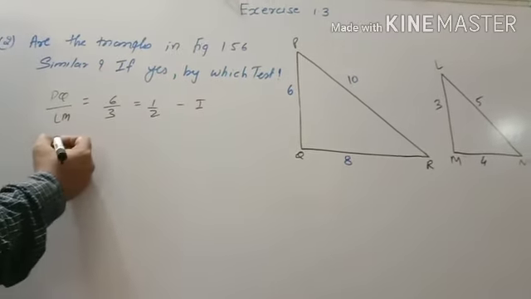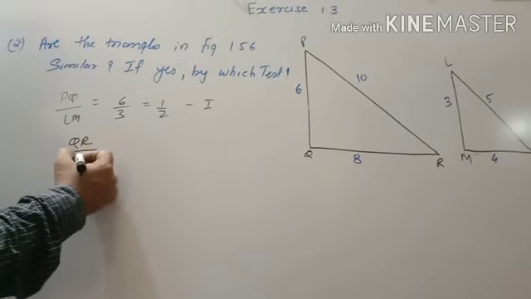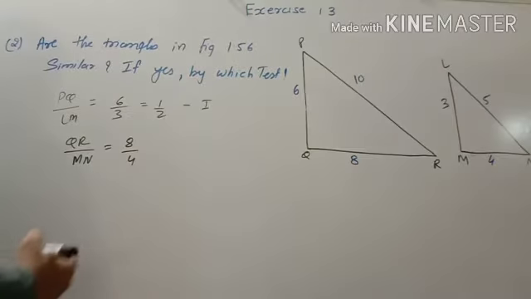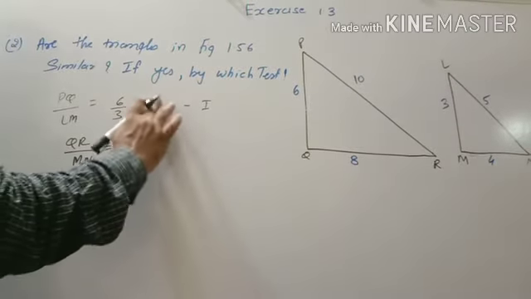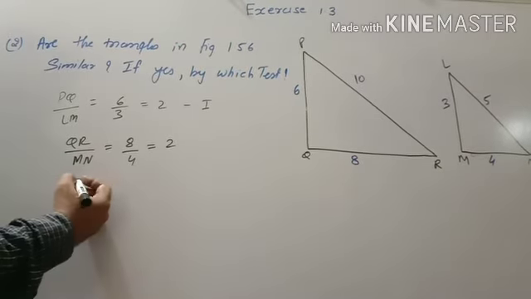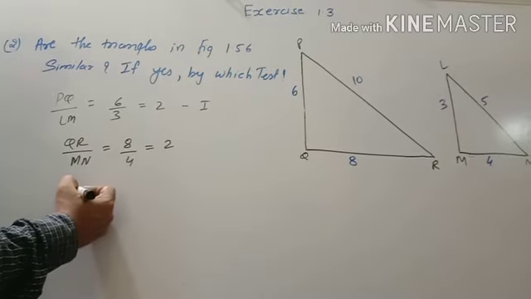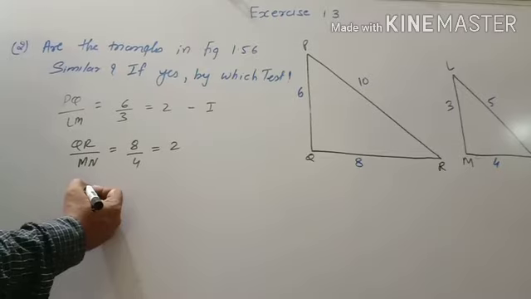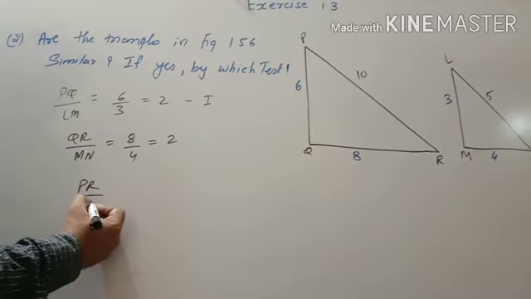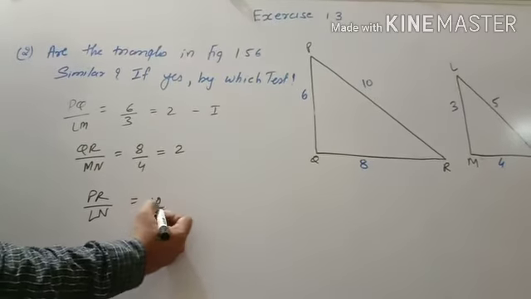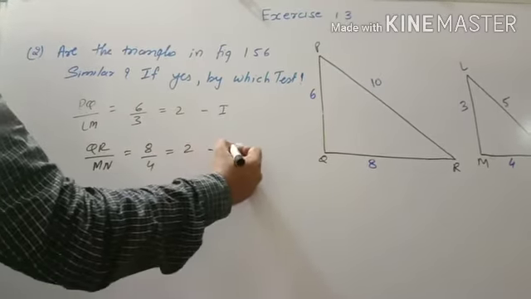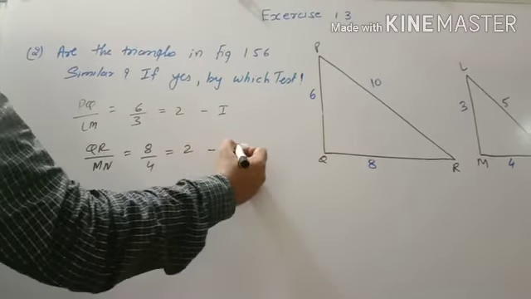That is first one. After that, QR upon MN. That is 8 upon 4, that is also 2. And after that, what's remaining? PR upon LN. PR is 10 and LN is 5, that is also 2. This is second, this is third.